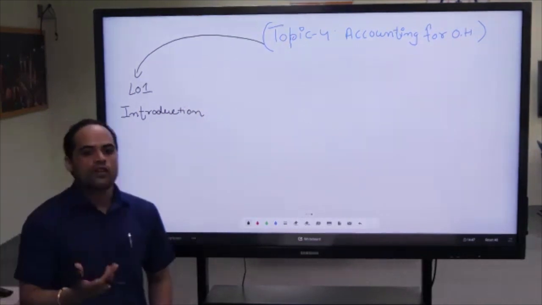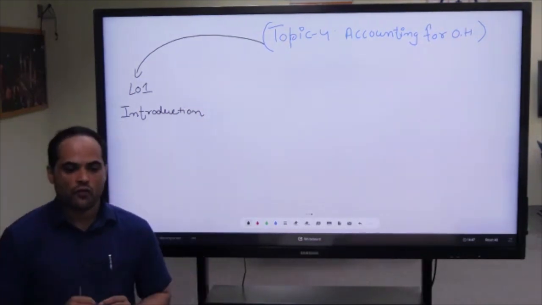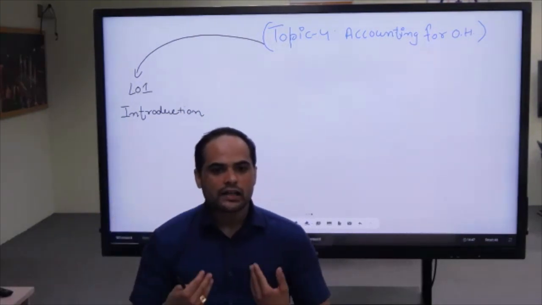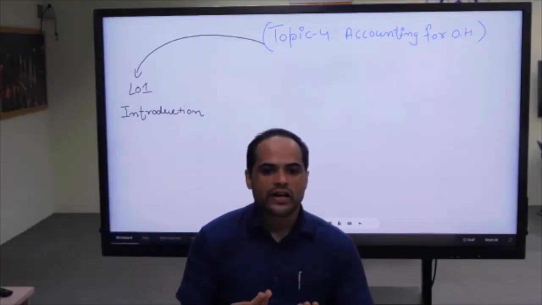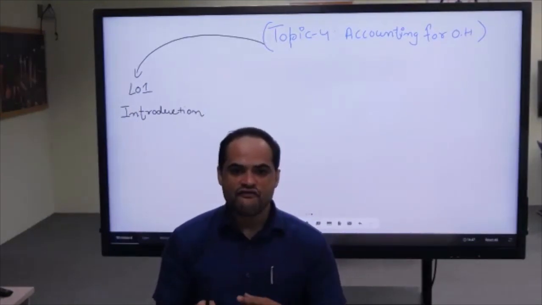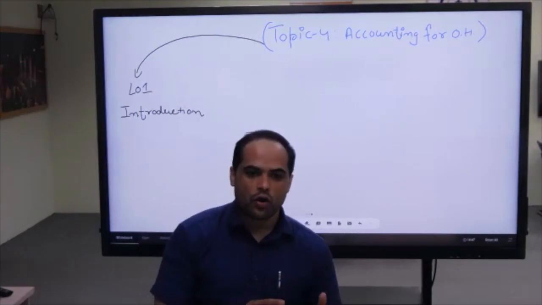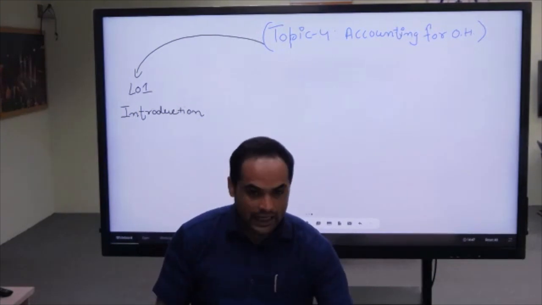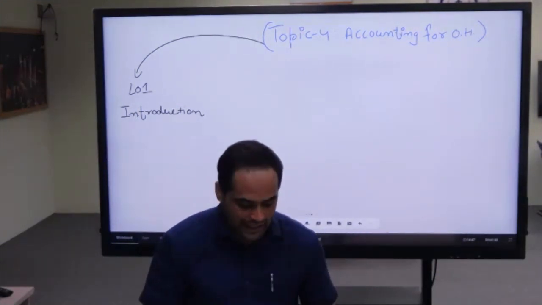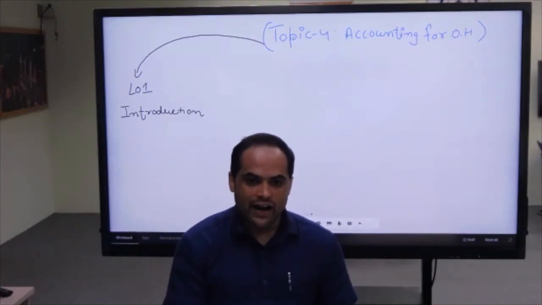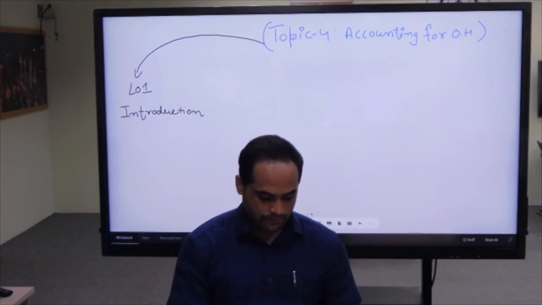Now, what is overheads? You know the meaning of overhead. Overhead is any kind of expense that is indirectly involved in production, any kind of factory indirect cost. It's called factory overheads.